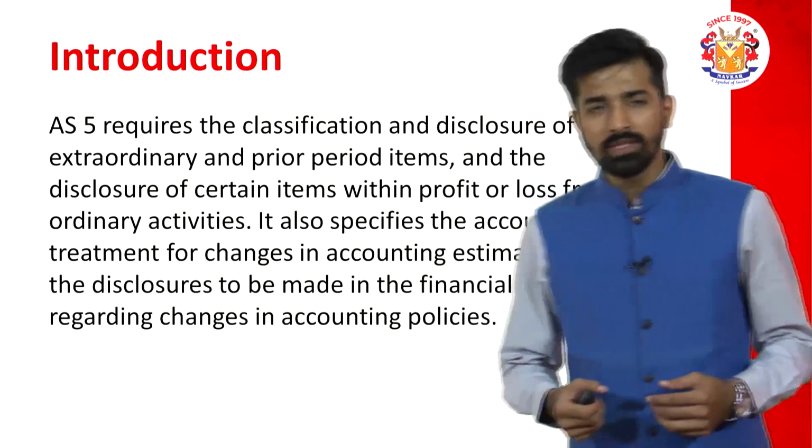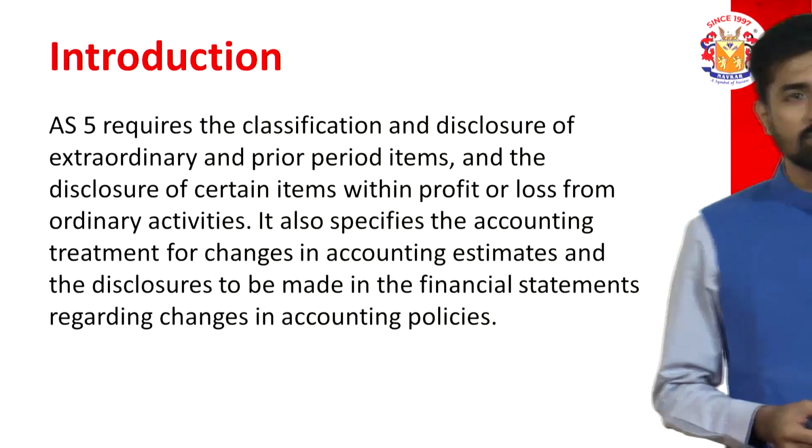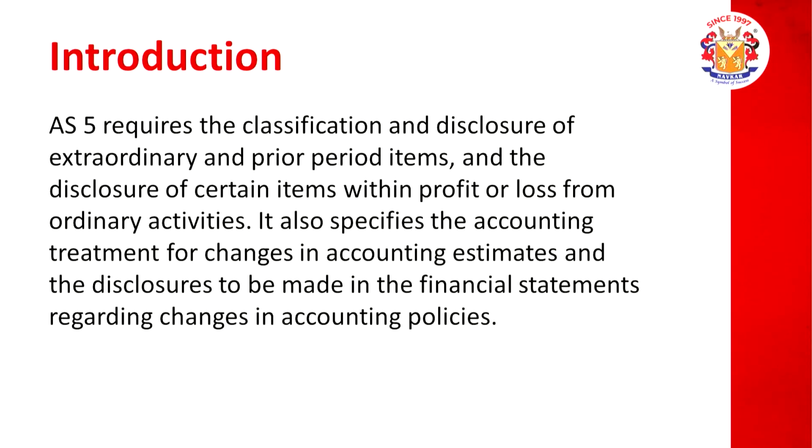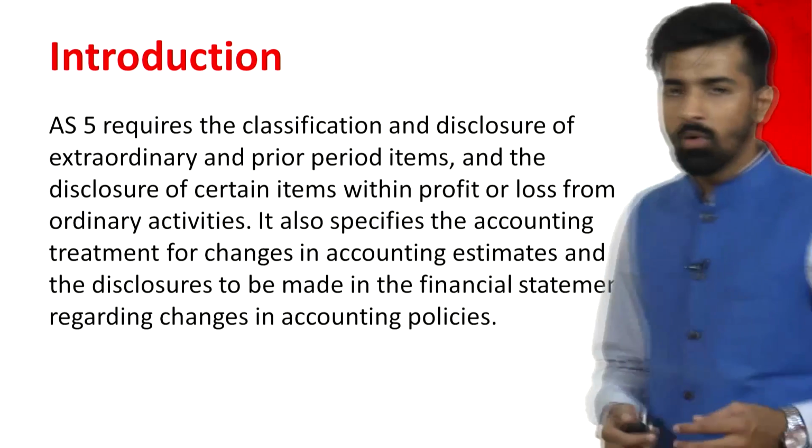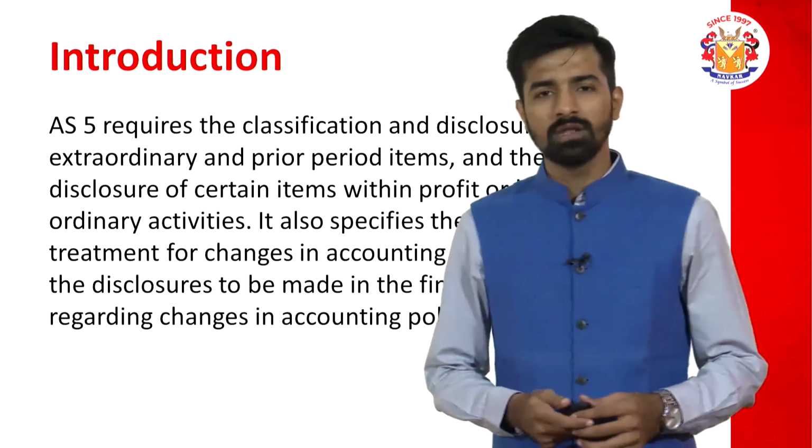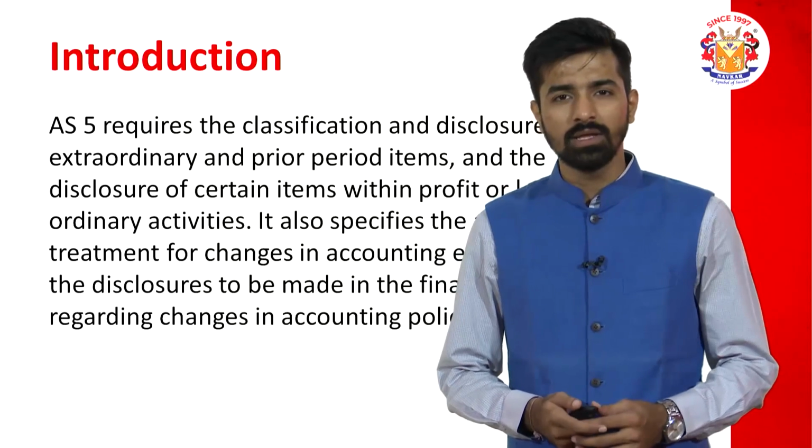AS5 requires the classification and disclosure of extraordinary and prior period items, and the disclosure of certain items within profit or loss from ordinary activities. It also specifies the accounting treatment for changes in accounting estimates and the disclosures to be made in financial statements regarding changes in accounting policies. We know what changes in accounting policies are. We'll study much further about changes in accounting estimates.